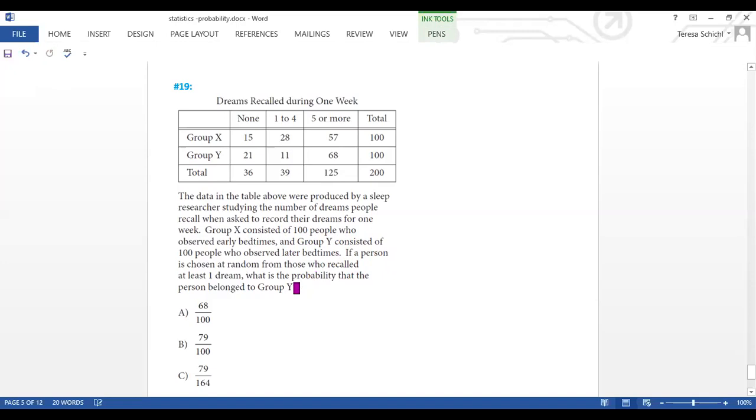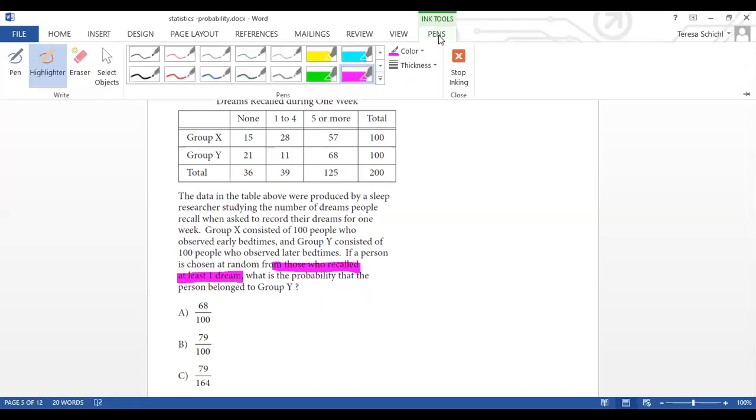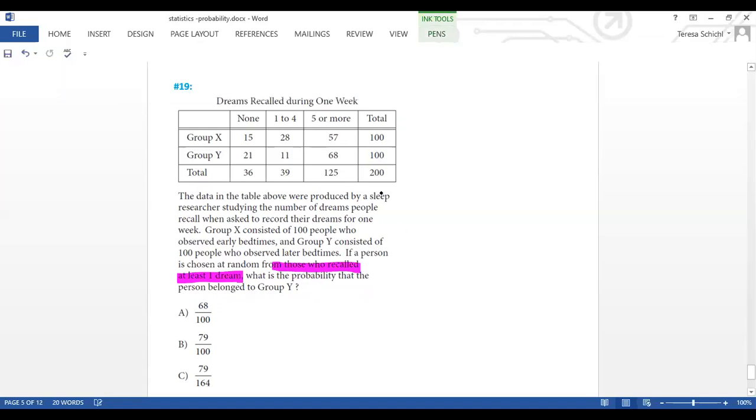If a person is chosen at random from those who recalled at least one dream, what is the probability that this person belongs to Y? Okay, all right, so at least one dream here.